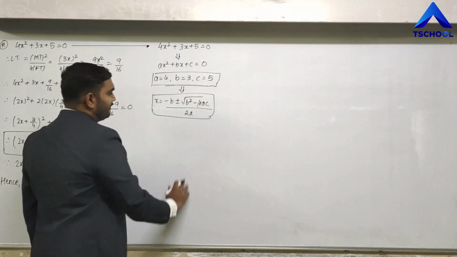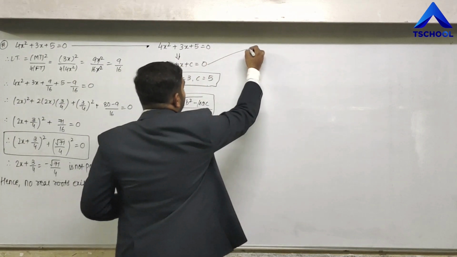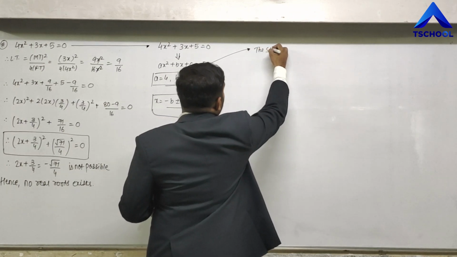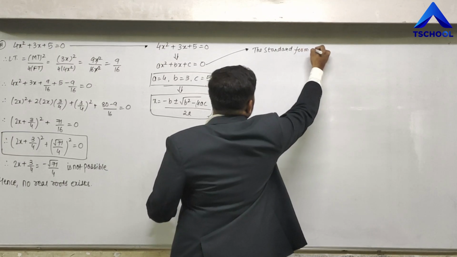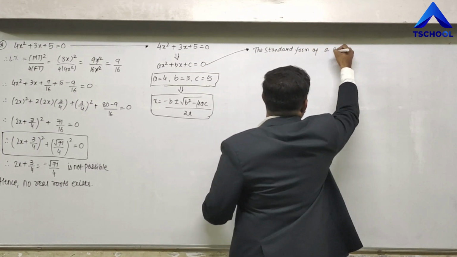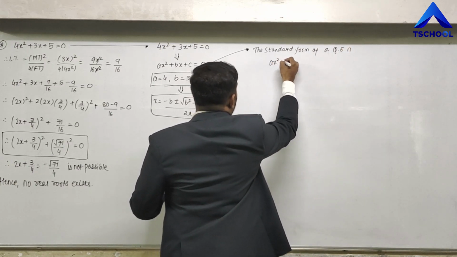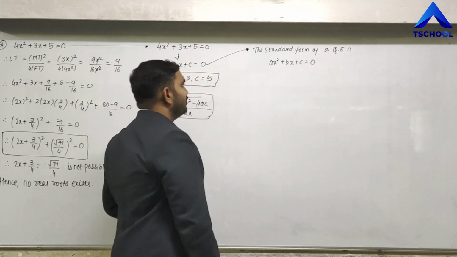Let us derive this first, that how we get this formula. So again, for deriving this formula, we are going to look at the standard form of a quadratic equation, ax square plus bx plus c is equal to 0, right?